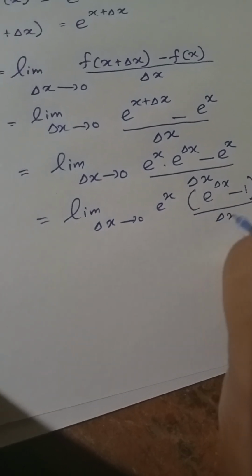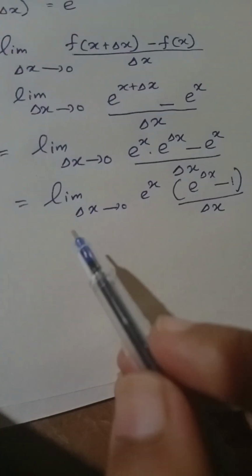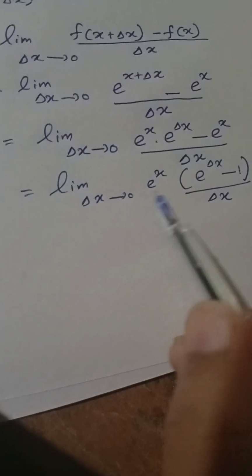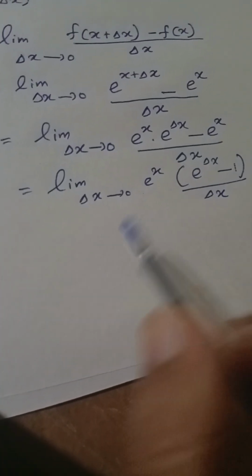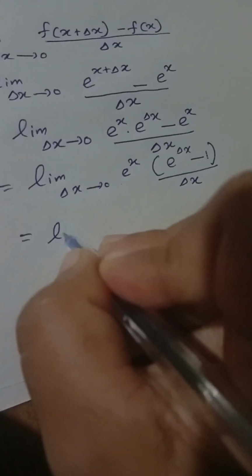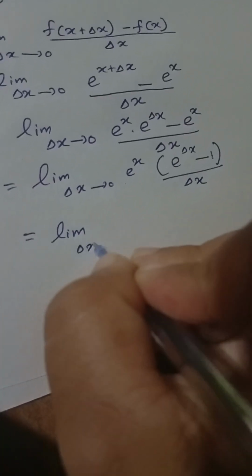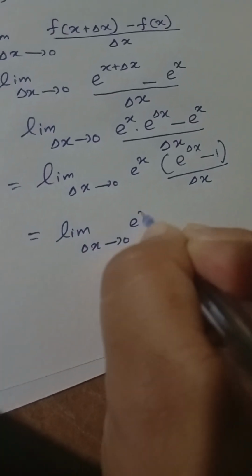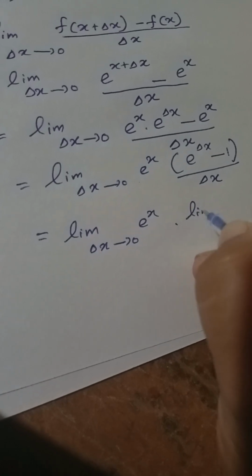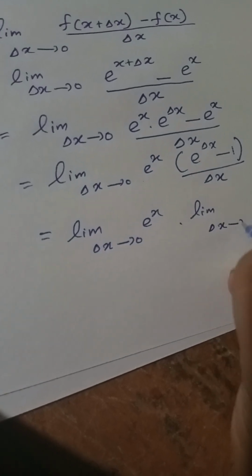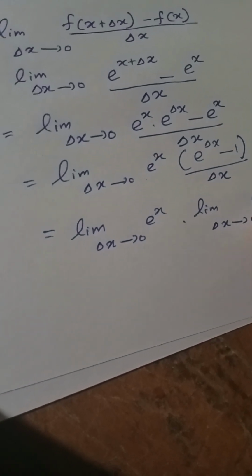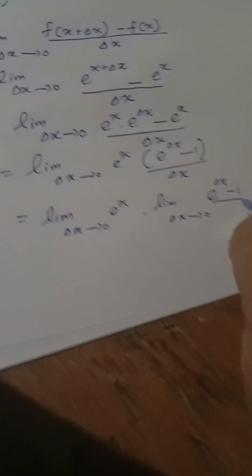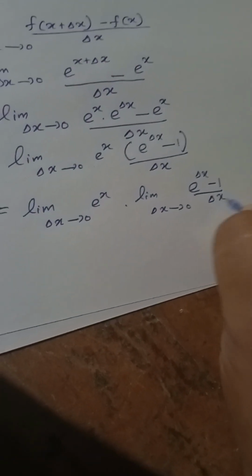over delta x. Now here I can give that limit for both e to the power x and this term. I am separately giving the limit delta x goes to 0 of e to the power x into limit delta x goes to 0 of e to the power delta x minus 1 over delta x.